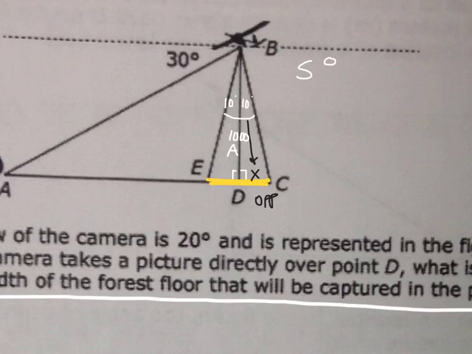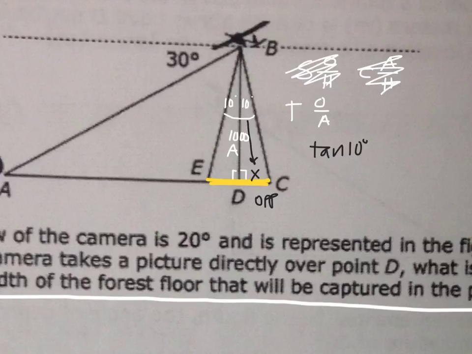So if I'm going into my trigonometry, it wouldn't be sine because I don't have the hypotenuse. It wouldn't be cosine because I don't have the hypotenuse. It would be tangent because of the ingredients that I have. So it would be the tangent of 10 degrees equals the opposite over the adjacent. Cross multiplying gets me the answer in just one step.